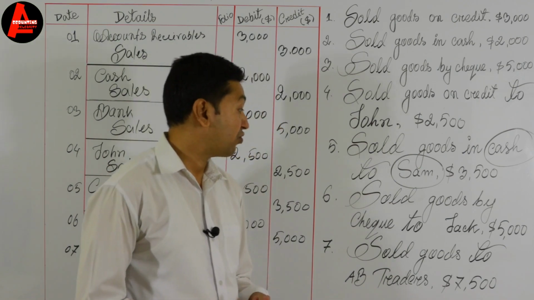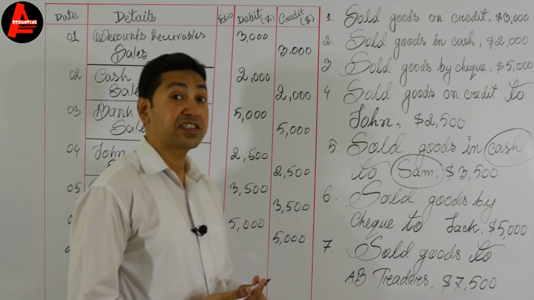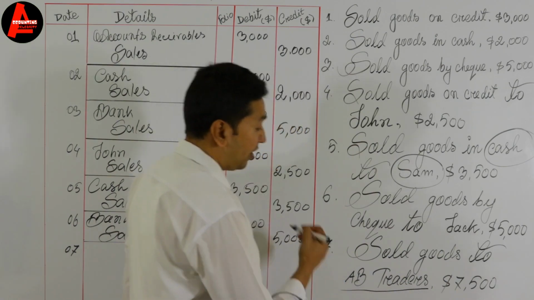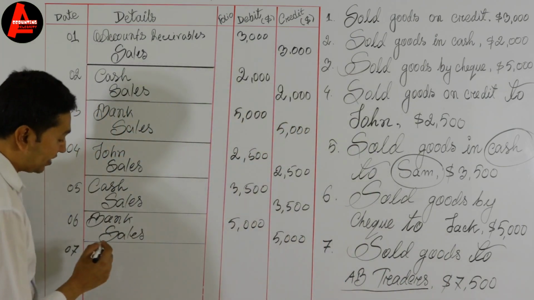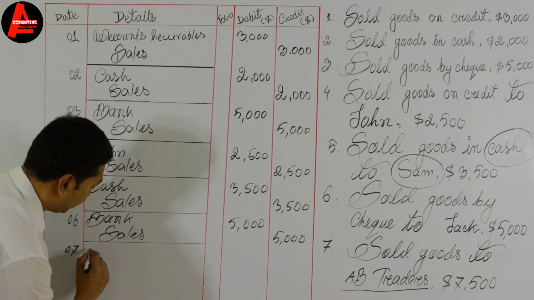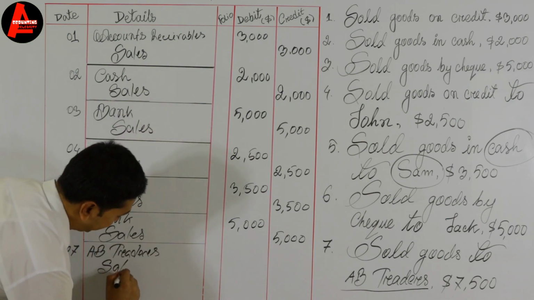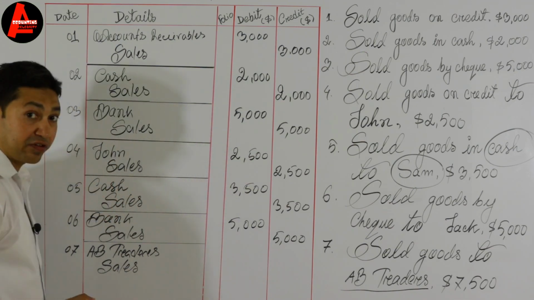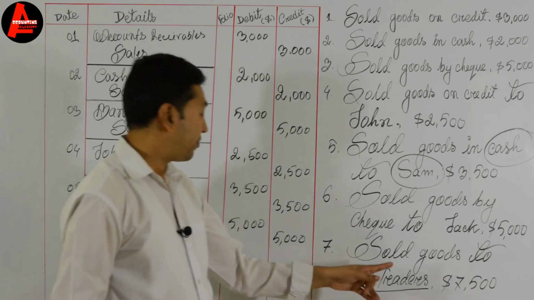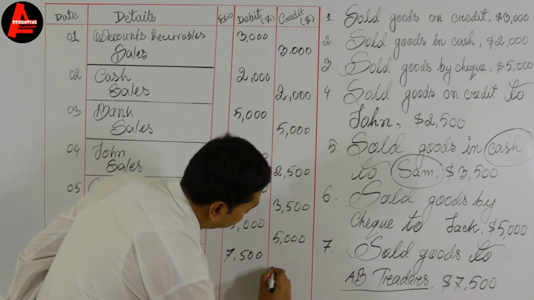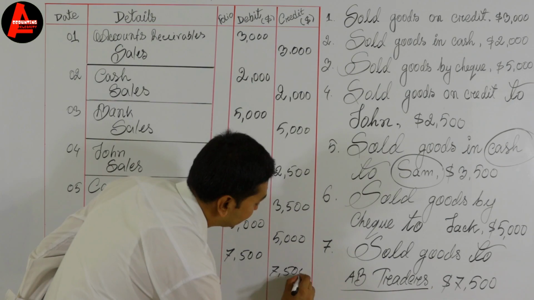In this case we have to write the customer name, which is AB Traders. So let us write AB Traders to be debited and sales account to be credited. The amount is $7,500 on the debit side and $7,500 on the credit side.